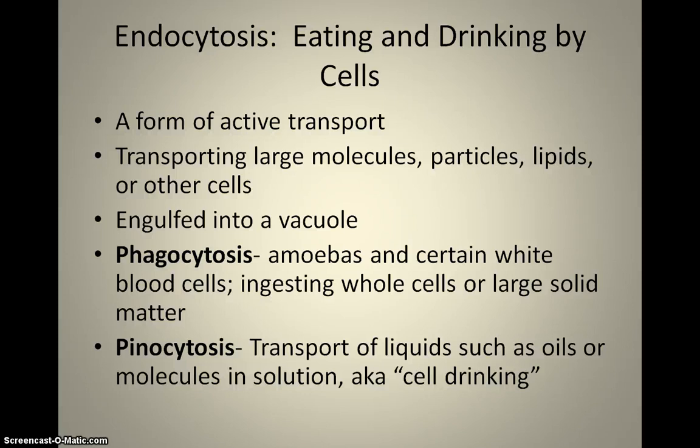Phagocytosis is when an organism engulfs an entire whole cell or very large cell matter. Endocytosis is when we're talking about smaller molecules. And pinocytosis is even smaller, when you're looking at engulfing liquids or oils. And again, this is all the idea of transferring either water or solutes in order to affect your osmotic pressure.